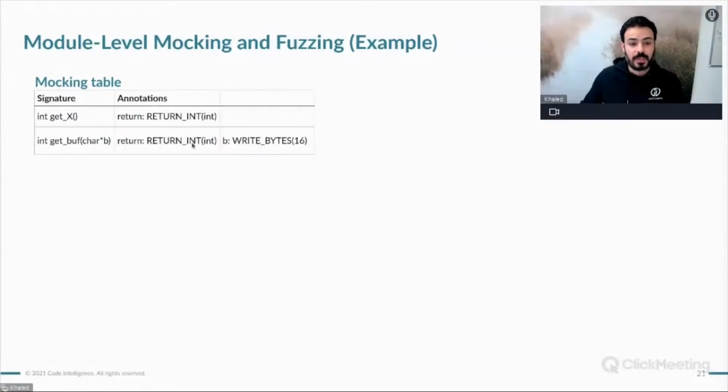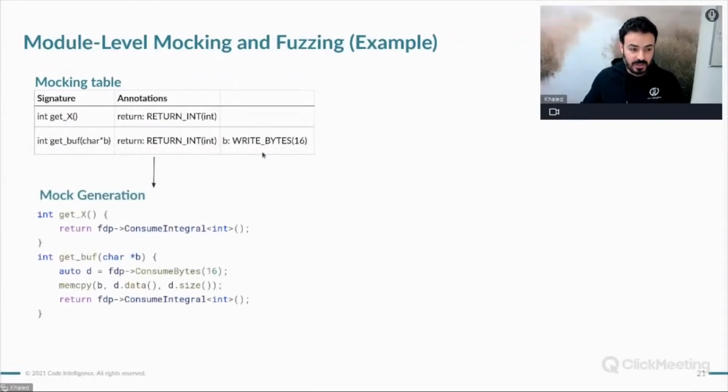The same here, and we can dig into the code and see that this char argument is a buffer of 16 bytes, and then we can annotate it here with write bytes and the number. And what we can generate out of this is the following code. We generate a function, get x, with the same name, that returns an integer. And as we've seen, using the fuzz data provider, we return the value based on the fuzzer generated input.